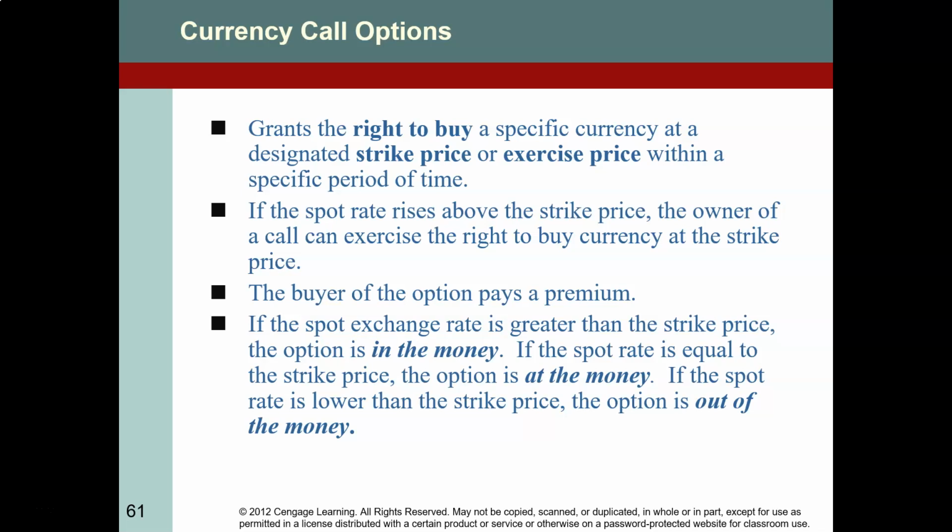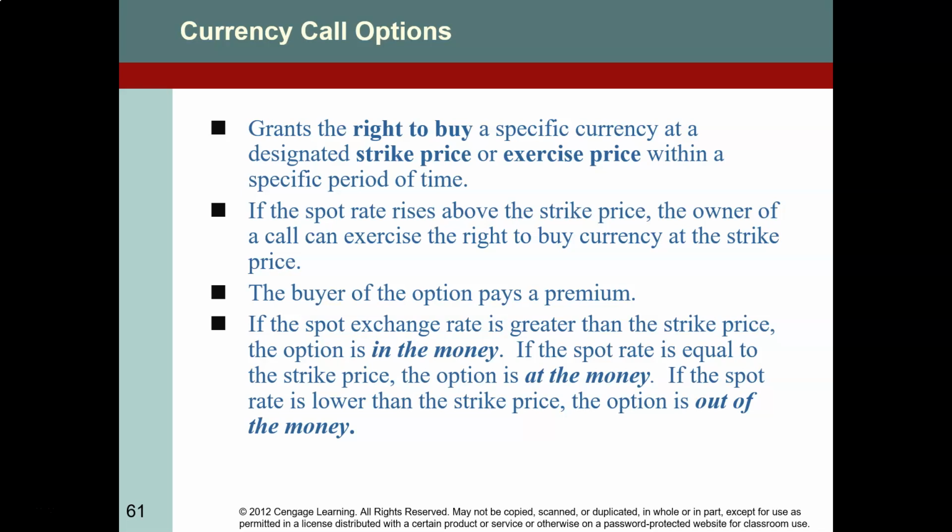Okay, so if you're buying a call option, you have the right to buy a currency at this strike price or exercise price. Because you pay this call premium, you have the right to decide whether you want to buy the currency at this fixed rate.